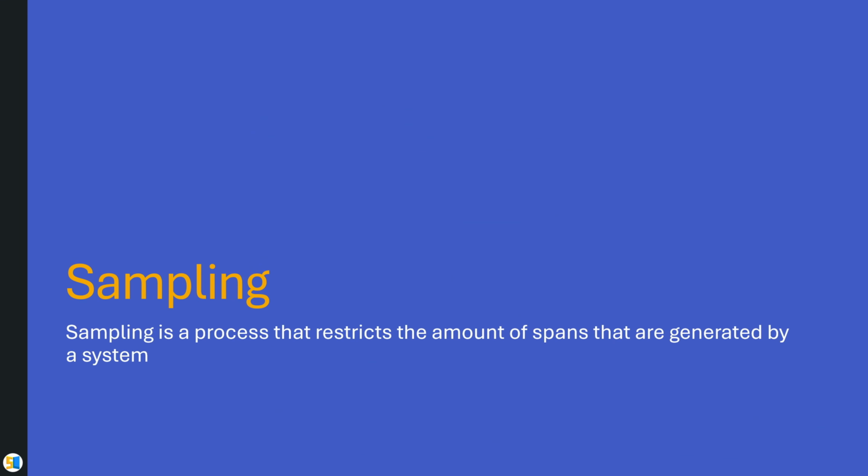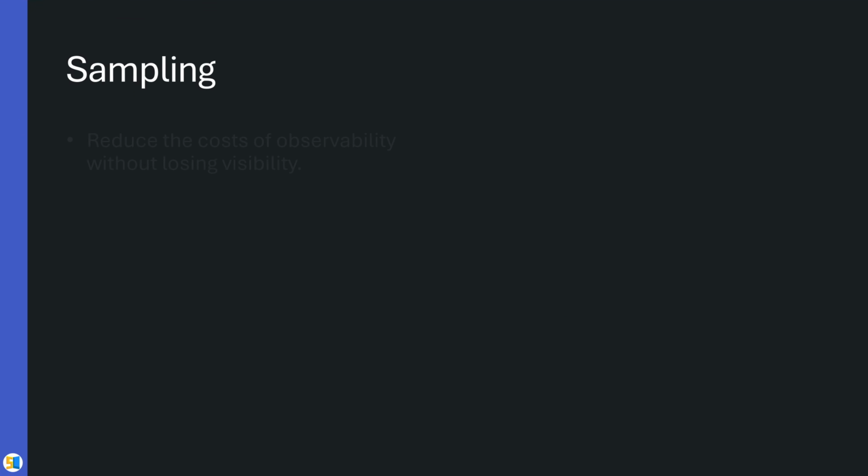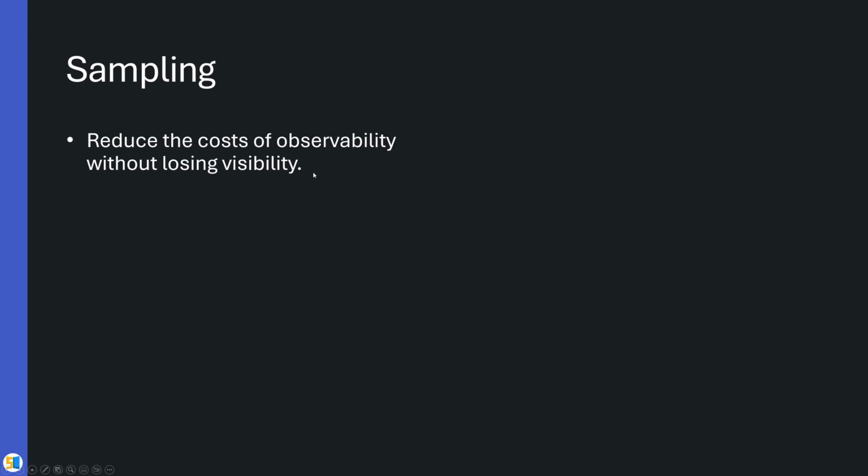Next, the last thing that I want to share is about sampling. It is a process that restricts the amount of spans that are generated by a system. With sampling, we can reduce the cost of observability without losing visibility.